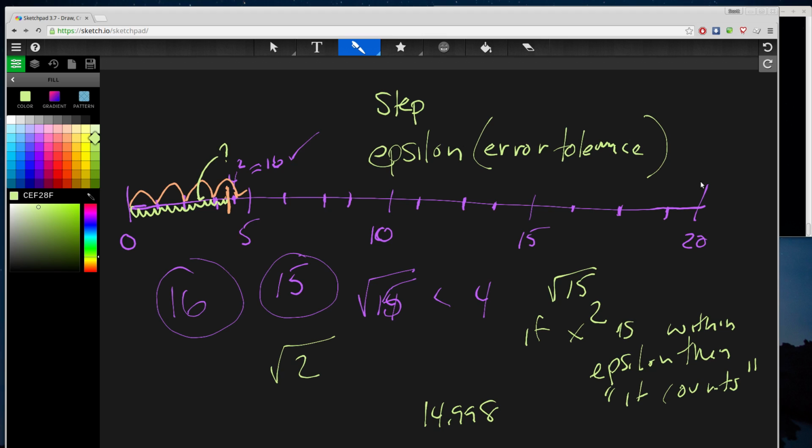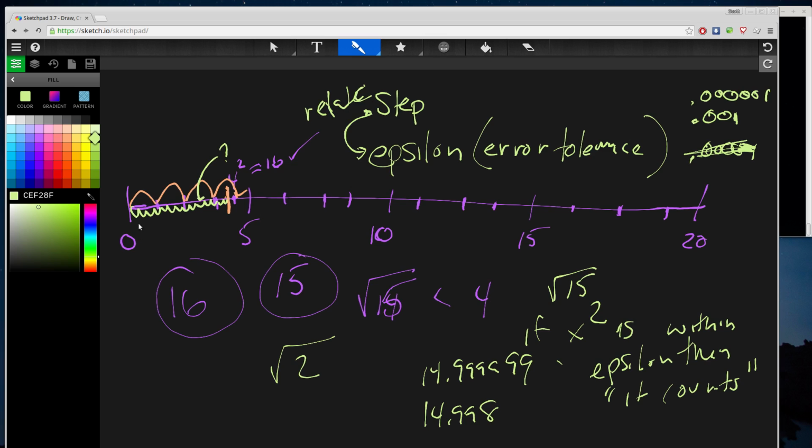If our epsilon value is 0.0001, for instance, that's within that tolerance. But if our epsilon value was even smaller, and I said I'm only going to accept something whose square is 14.9999, then maybe I don't have it. So epsilon and step are actually going to be related to each other somewhat.